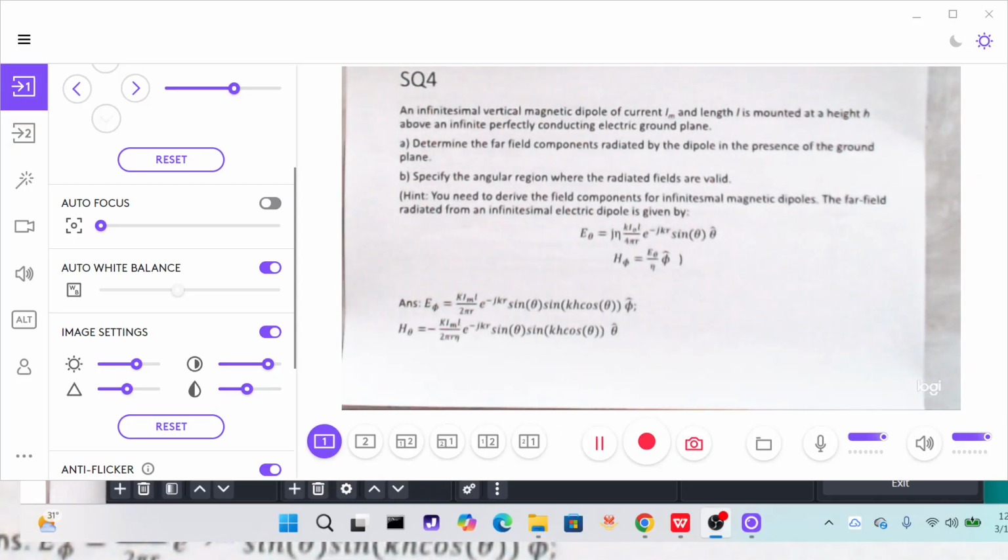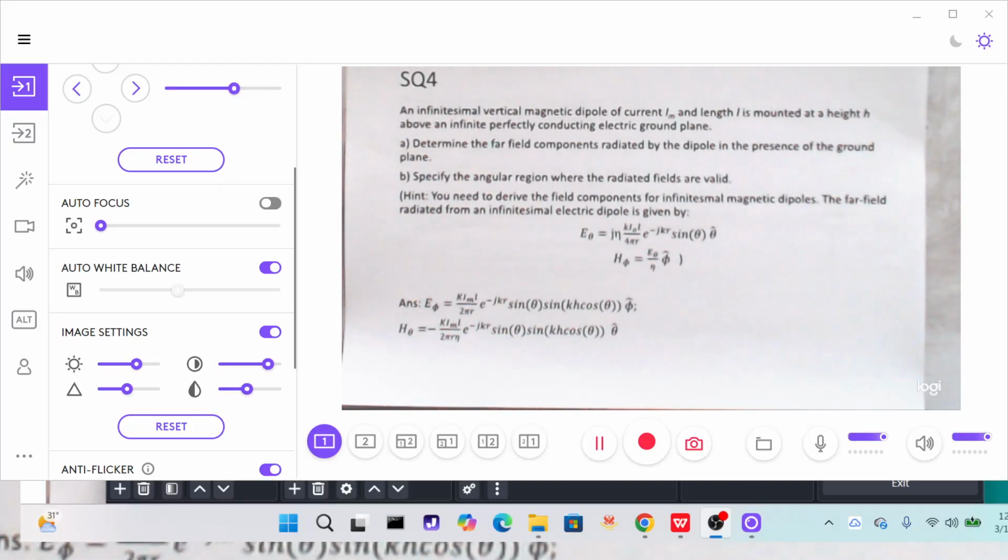So this question is SQ4 of our special antenna exercise. You are given a vertical electrically small magnetic dipole.